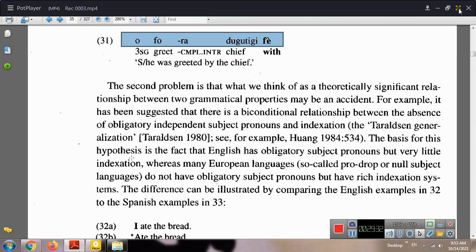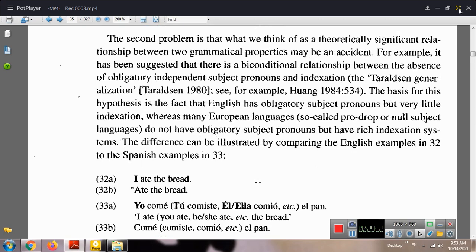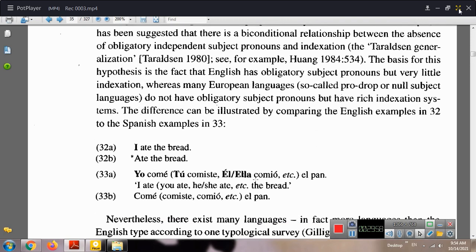The basis for this hypothesis is the fact that English has obligatory subject pronouns but very little indexation, whereas many European languages, so-called pro-drop or null subject languages, don't have obligatory subject pronouns but have rich indexation systems. The difference can be illustrated by comparing the English example and Spanish.